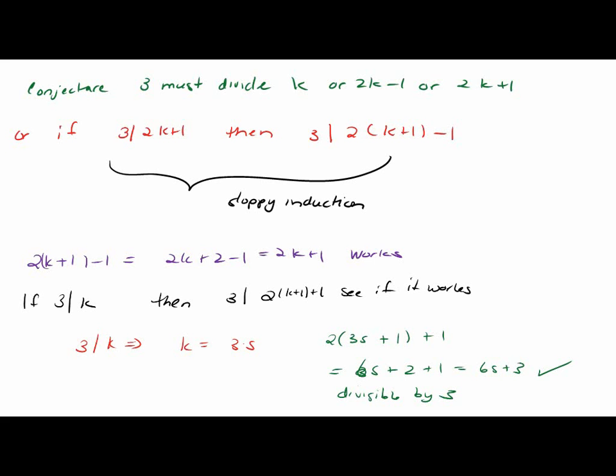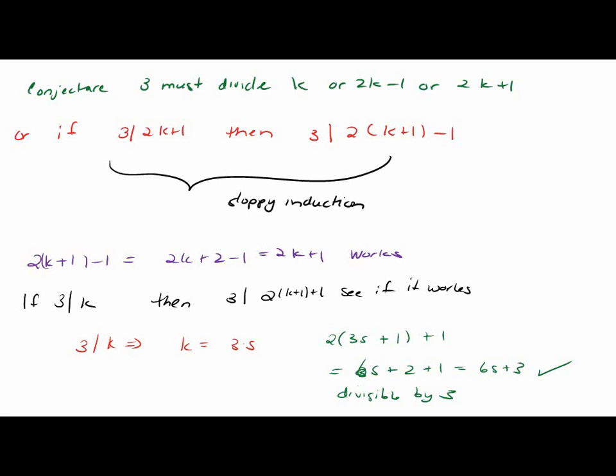Drop it into the expression on the rightmost side, 2 times k plus 1 plus 1. What happened is I got 6s plus 3. That's certainly divisible by 3 because I can factor out the 3. It's sloppy, I didn't take out the 3, but you should get the point that now I've shown that I can get from one step to the other.